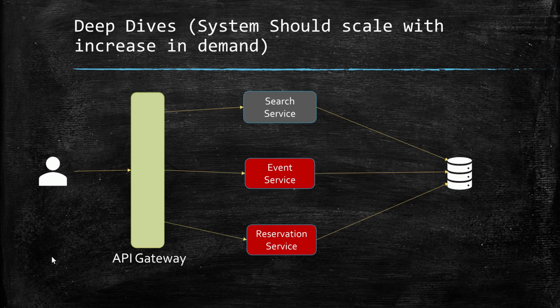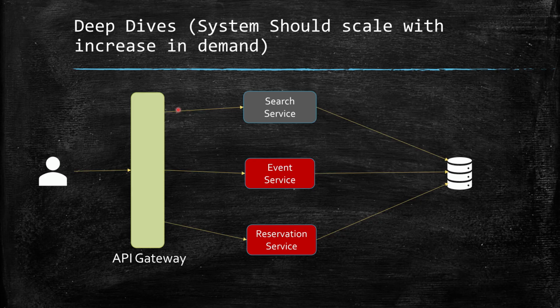So the first deep dive will be: system should scale with increase in demand. This was our first non-functional requirement, and we see there are two problems in the system, the event service and the reservation service, which might be under a lot of load. If you have a Taylor Swift event which is really popular and millions of people are trying to book tickets for that event, then the event service and the reservation service will mostly be under very heavy load.